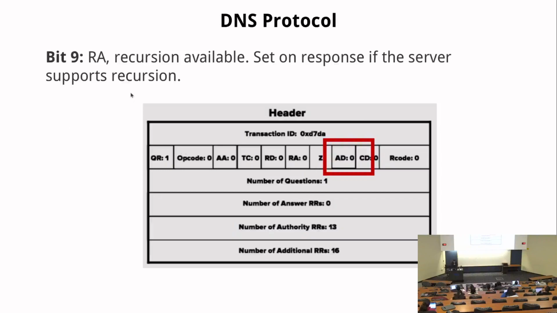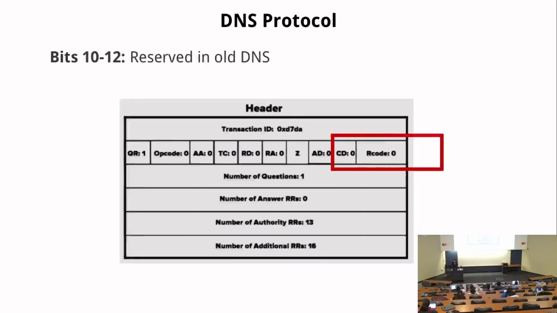Also, a bit in a response can tell the host if I have the ability to recursively answer your queries. Basically it means whether I'm going to ask other servers until I eventually find the IP address, or I will just give you a list of name servers I refer you to.